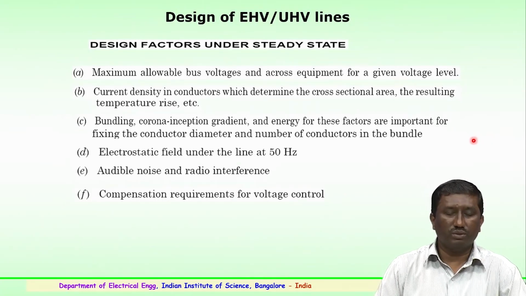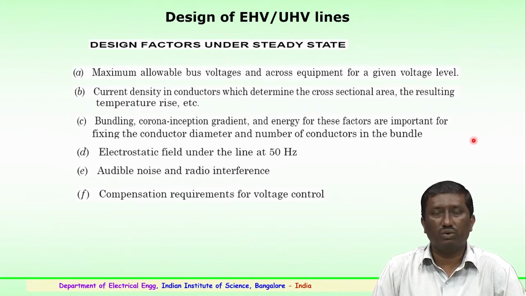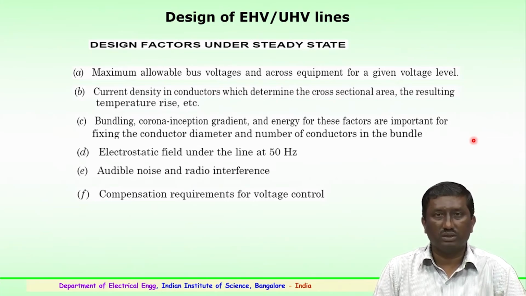From the distribution, we will move to the extra high voltage or ultra high voltage transmission towers. How to consider the design factors, particularly under steady state. What are the parameters to be looked into?